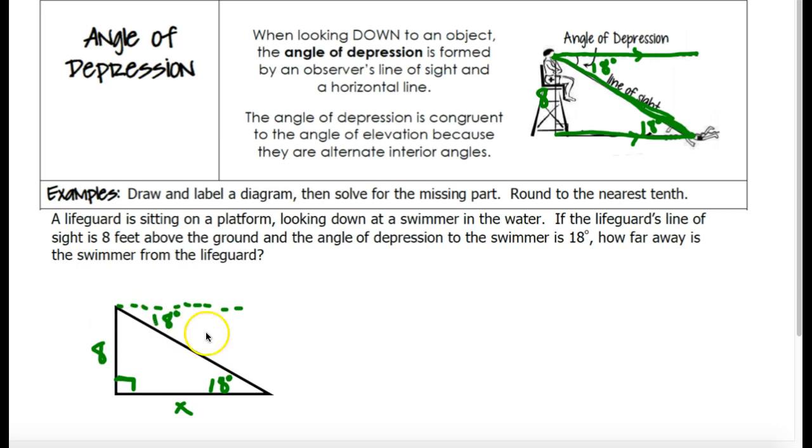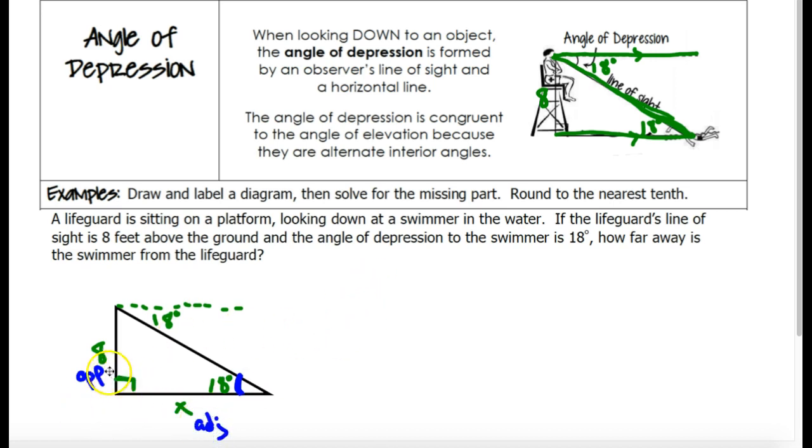So we're not going to find this distance. We're going to find the distance that the swimmer would have to travel to get to the lifeguard. Same process. Once we have our picture drawn, we want to label the sides. With respect to this 18-degree angle, 8 would be the opposite side, and x would be the adjacent side.